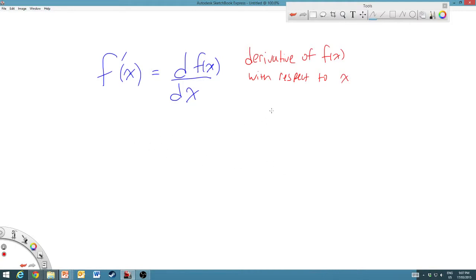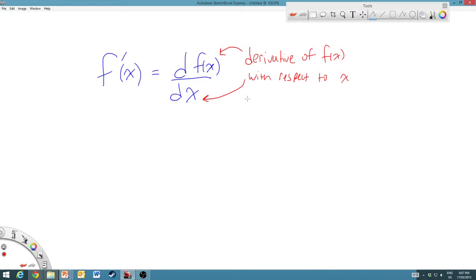The top part translates to derivative of f of x, and the bottom part translates to with respect to x, or depending on x. The dx is really only important when you start dealing with functions with multiple variables. So for example, if it depends on y, then we can write df of y, dy, instead of df of x, dx. But this is just another way of writing a derivative.